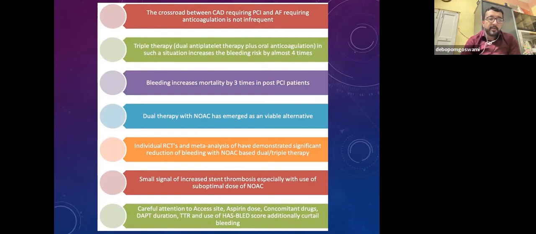Individual RCTs and meta-analyses have demonstrated significant reduction of bleeding with NOAC-based dual or triple therapy. There is a small signal of increased stent thrombosis, especially with use of suboptimal dose of NOAC. Careful attention to access site, aspirin dose, concomitant drugs, DAPT duration, time in therapeutic range, and use of the HAS-BLED score additionally curtail bleeding.